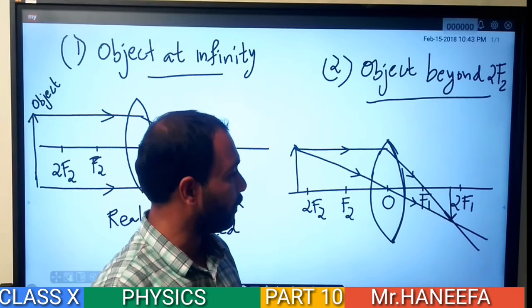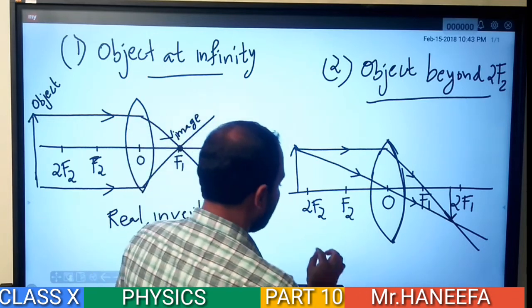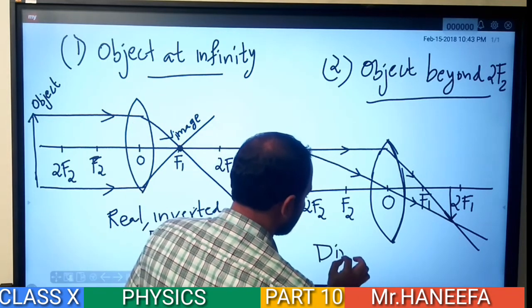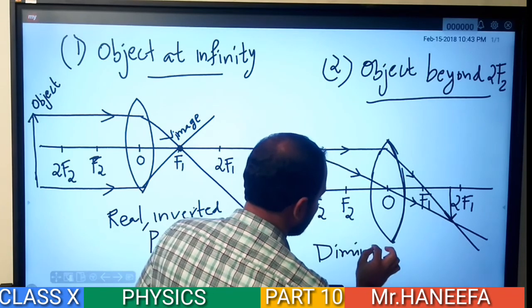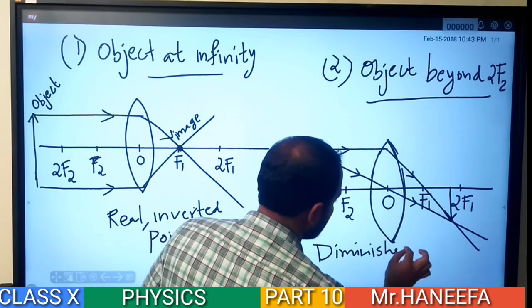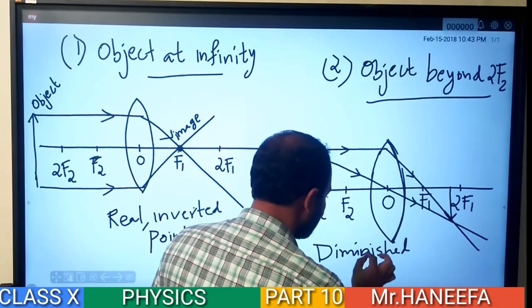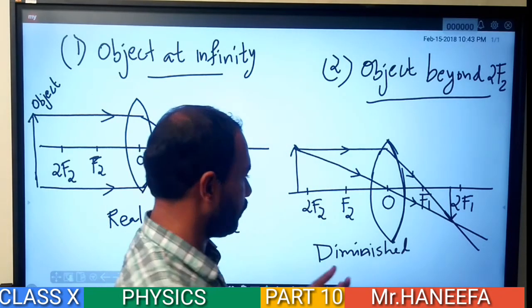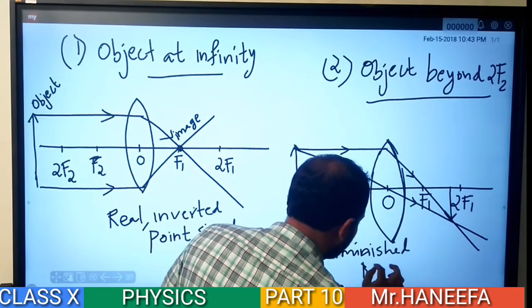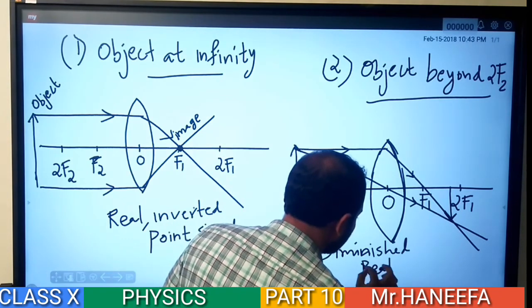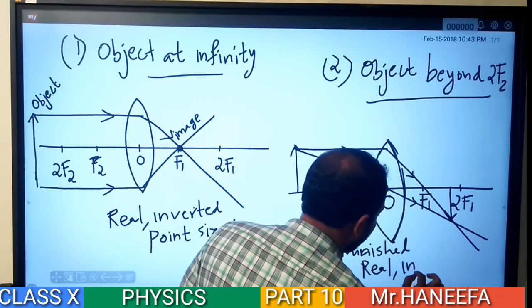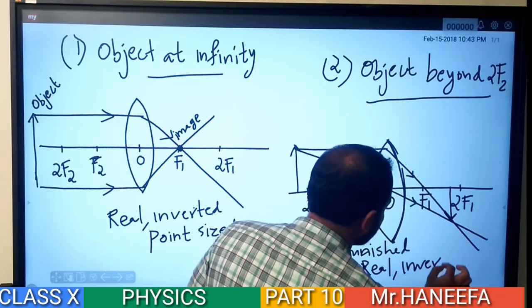What are the image properties? Image is diminished. Next, it is real and inverted.